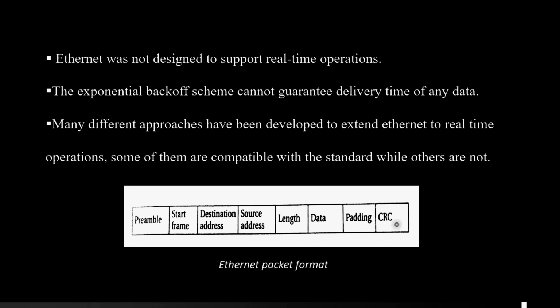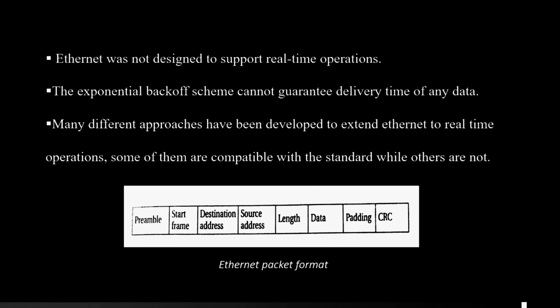Cyclic redundancy check CRC is a 4-byte field. This field contains a 32-bit hash code of data which is generated over the destination address, source address, length, and data field. If the checksum computed by the destination is not the same as the sent checksum value, the data received is corrupted.